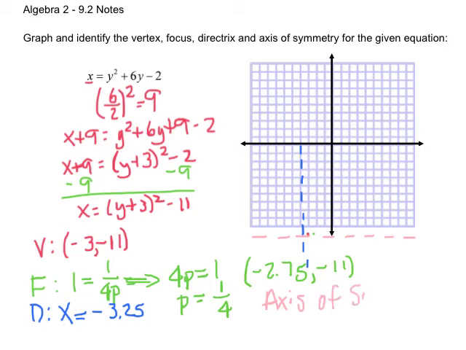Axis of symmetry: y equals -11. Okay? And so now can I draw a graph? You bet I can. And so when I draw this graph, I'm going through my vertex. It's going to look about like this.